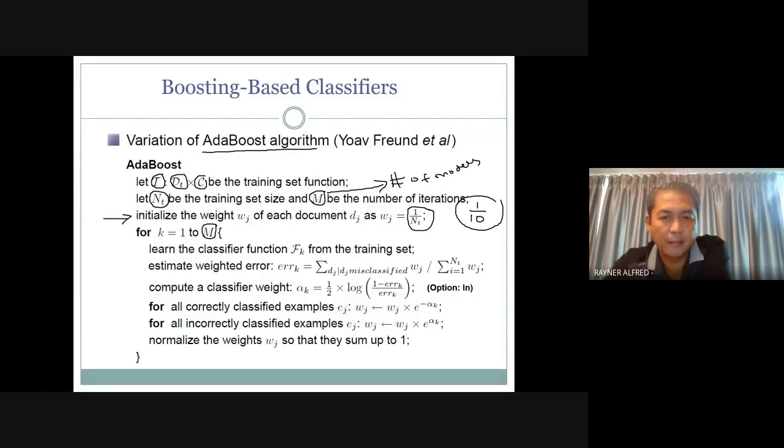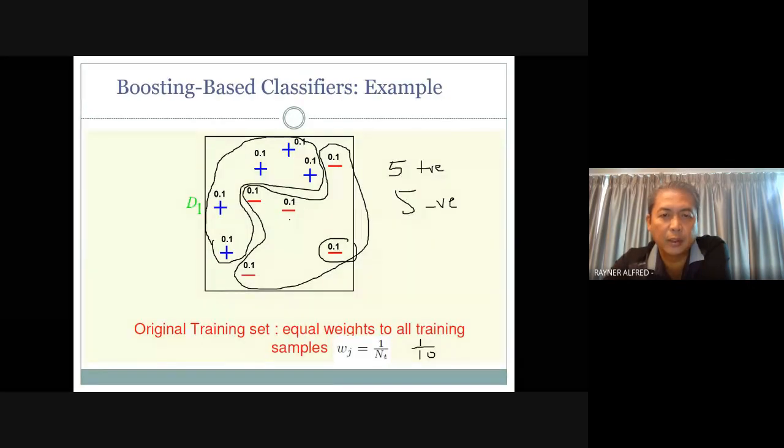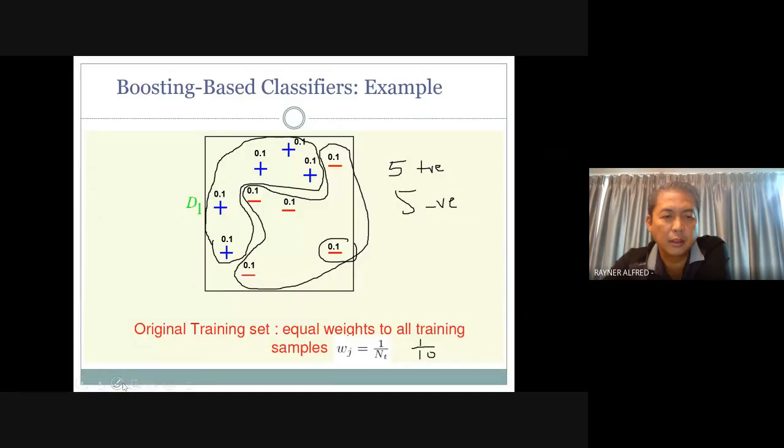So now, how do we compute the weightage for each of the models that we want to have here? So we have M number of models. What we want to do is compute the error that we have. So given a function that will divide the data set, this one is in an ideal condition in which I'm able to separate them correctly.